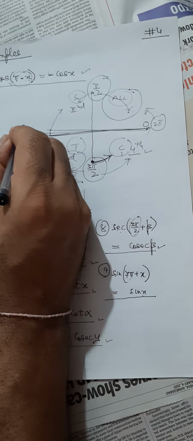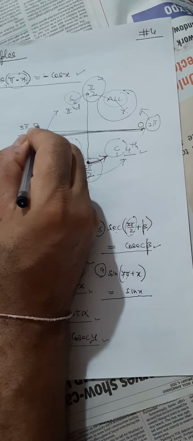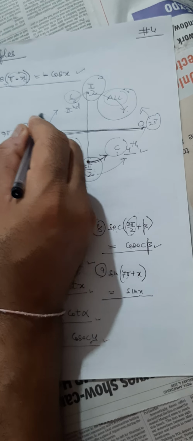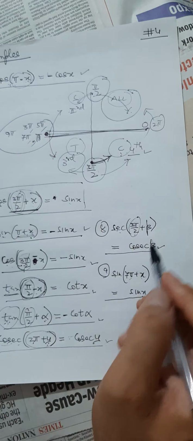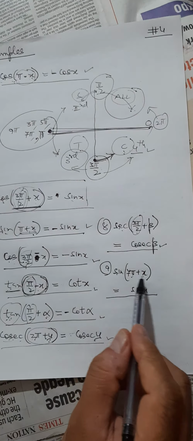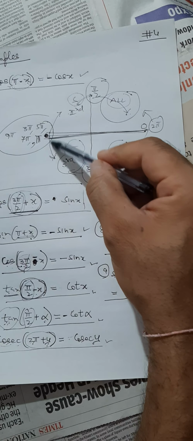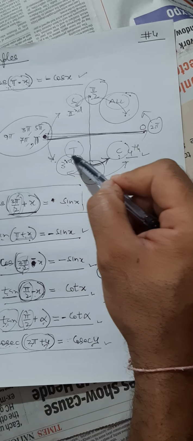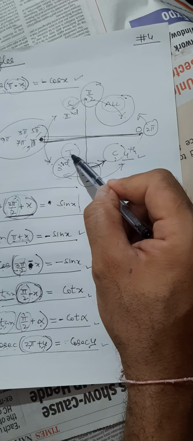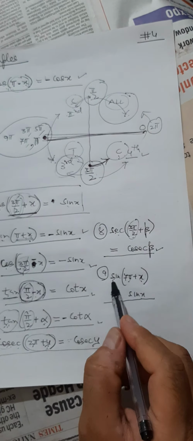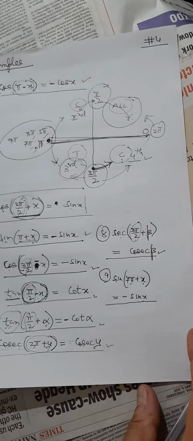So 3 pi, 5 pi, 7 pi, 9 pi, all are at this place. 7 pi plus something: plus means anti-clockwise direction, so you will fall in the third quadrant. In the third quadrant, tan and cot are positive, so what is sine? Negative, so the answer will be minus sin x.